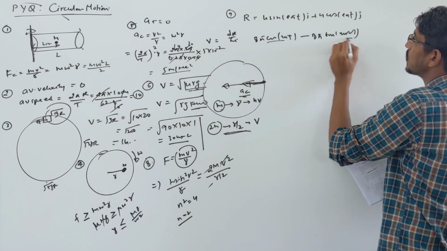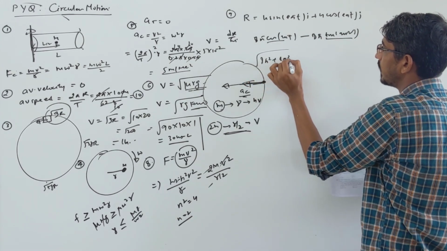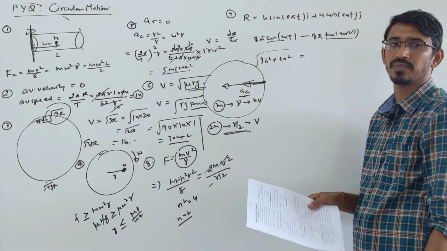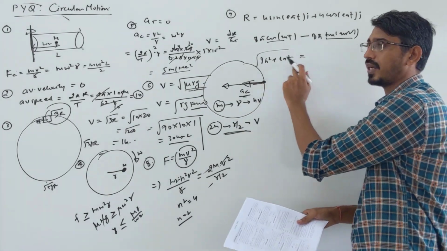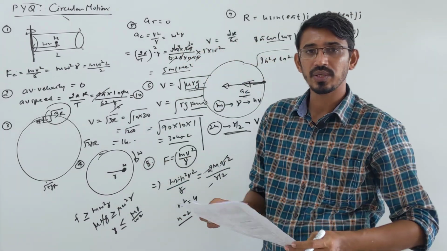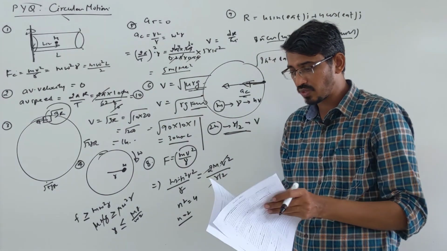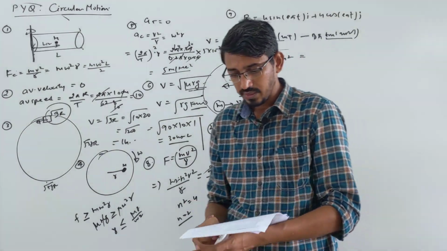If you take the vector sum, this becomes square root of 8 pi square plus 8 pi square. This is not coming 8. They said the answer is 8, but this comes out as something different. So what is the wrong option? The fourth option is wrong. We found the velocity, we took the magnitude, so the fourth option is wrong here.